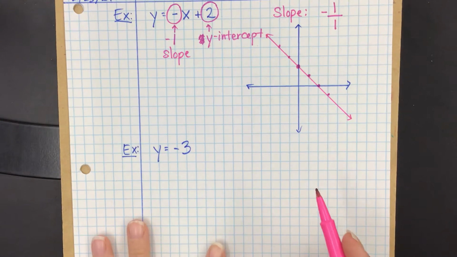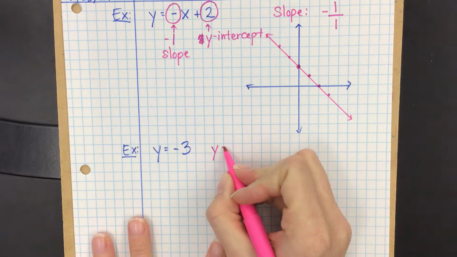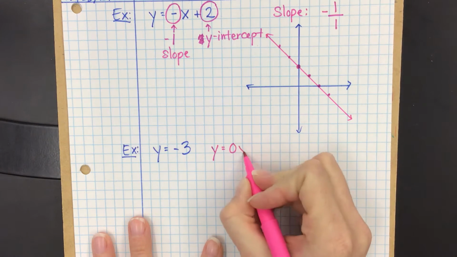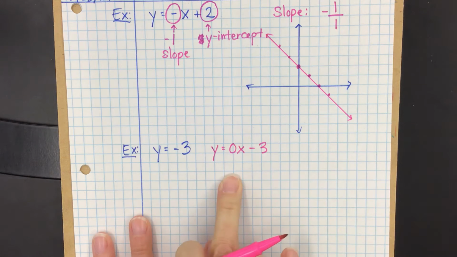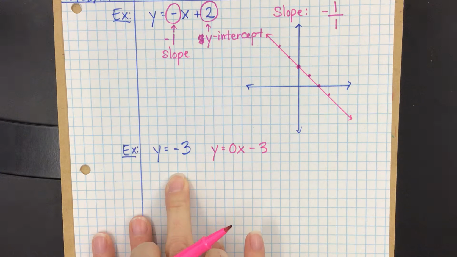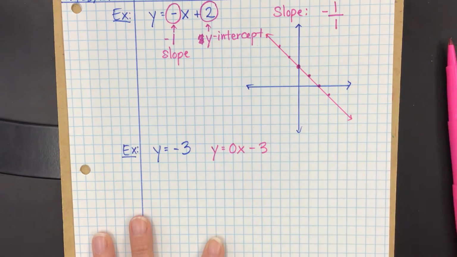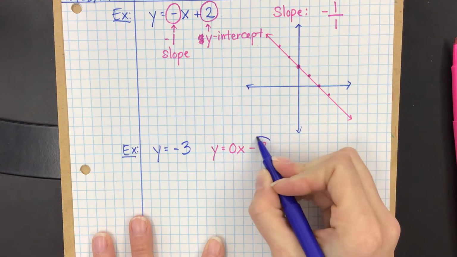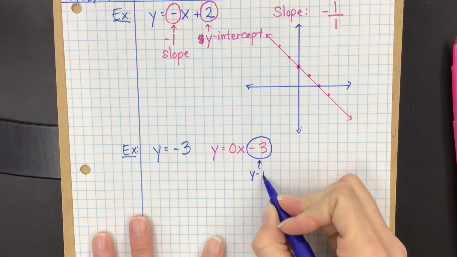So I'm going to expand this out to hopefully help you make sense of this. Is this the same as this? Yes. And if that is the case, then we can say that your y-intercept is -3.